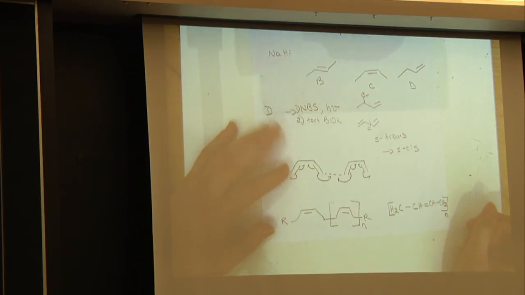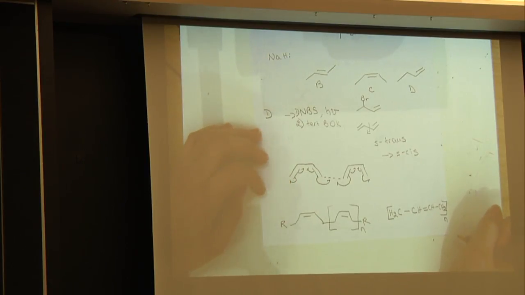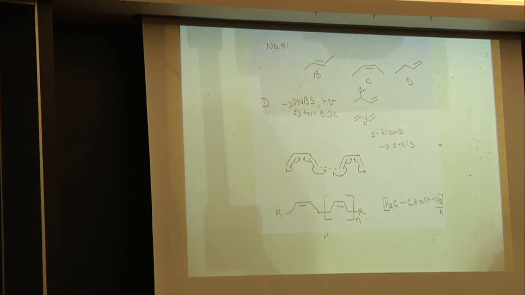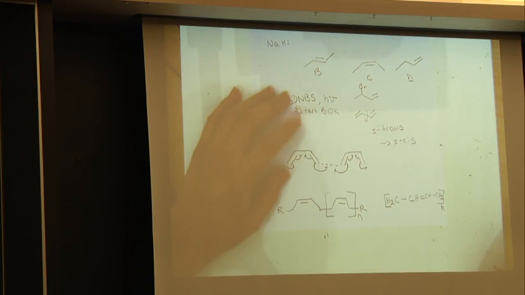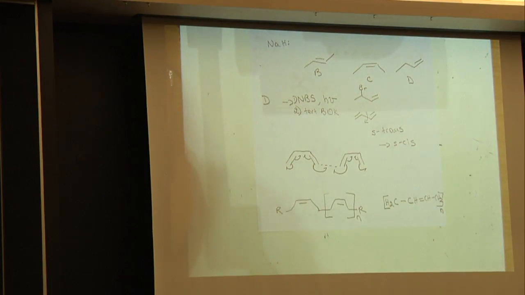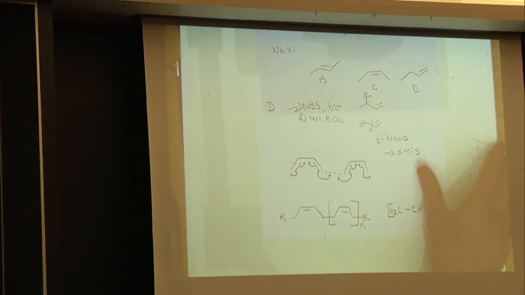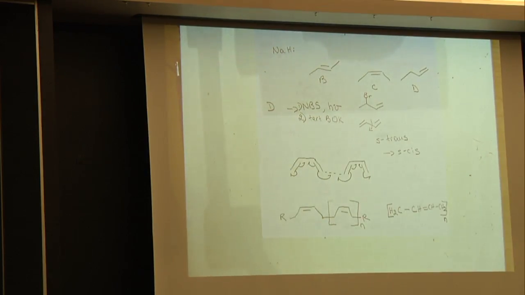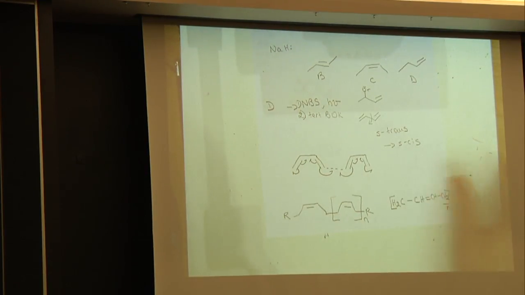Because it can go on and on, depending on how long you want your chain to be. So this is just to give you a brief review of radicals. All right. Do you guys have questions before we move on? Okay, cool, cool. All right.